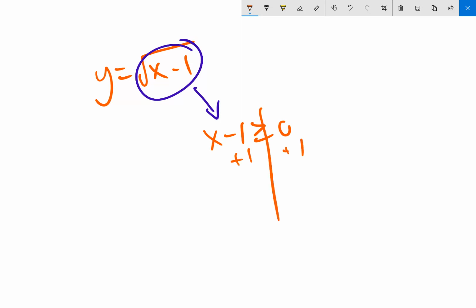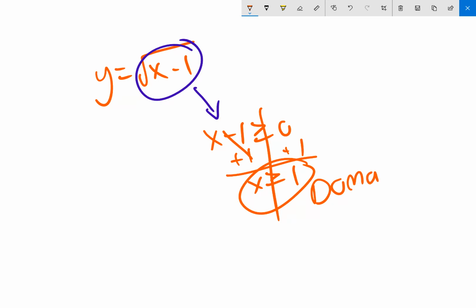So add 1 to both sides. This leaves me with x greater than or equal to 1. So this is my domain. Now remember the reason for that is because the only x values that would work in this function are values that are greater than or equal to 1.